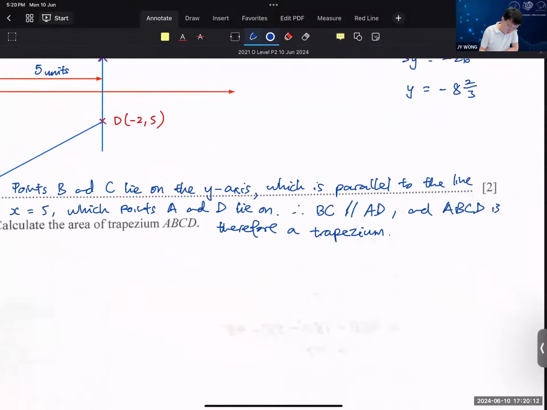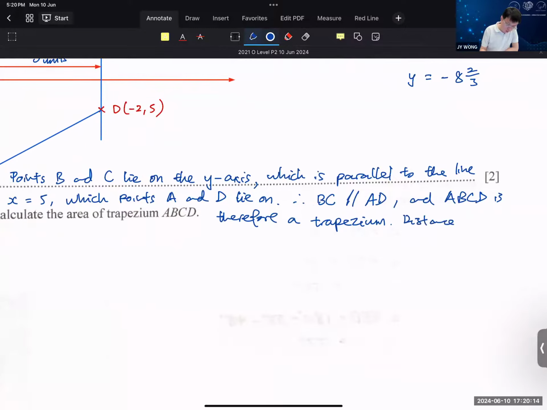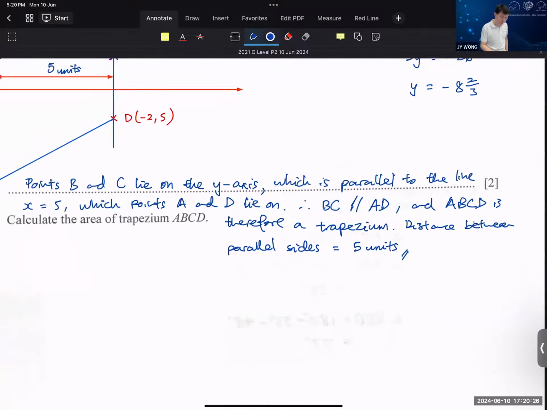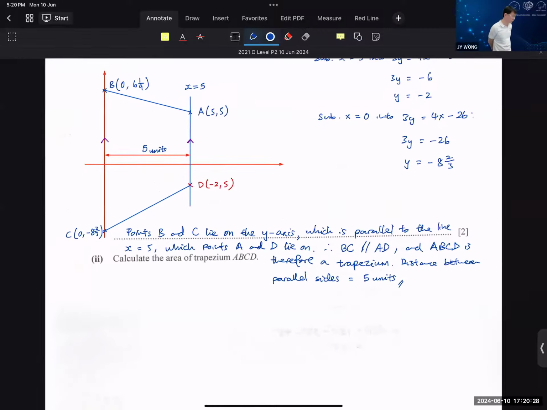So distance between parallel sides equals 5 units. The distance between the parallel sides is 5 units because this is the y-axis, which means that it will be perpendicular, and this will also be perpendicular.